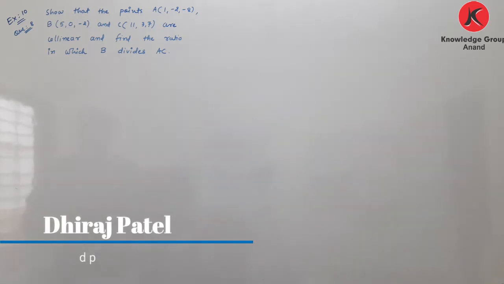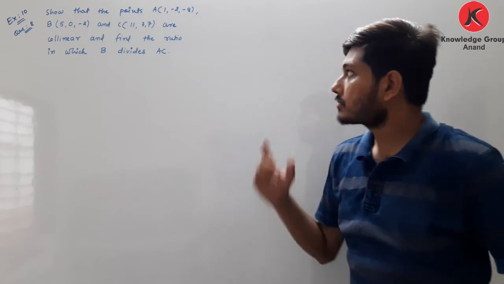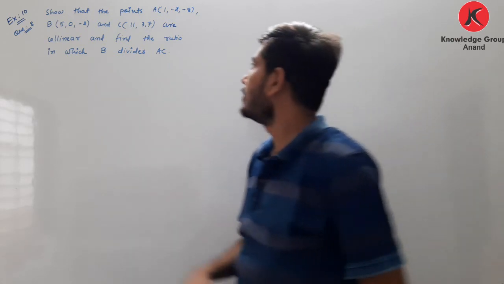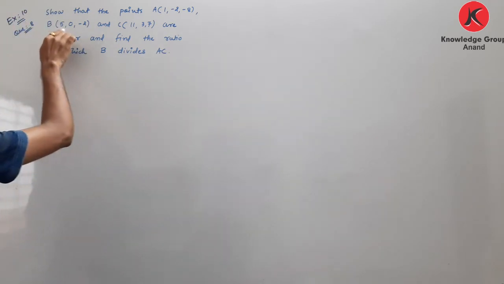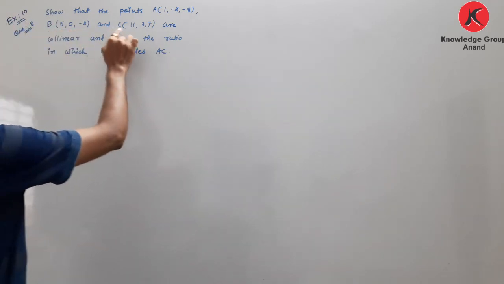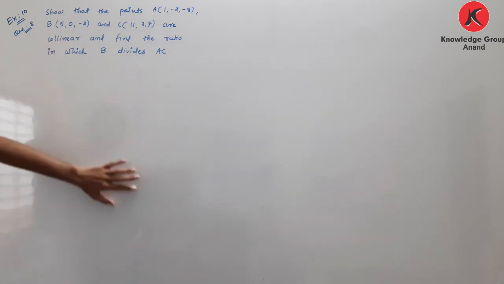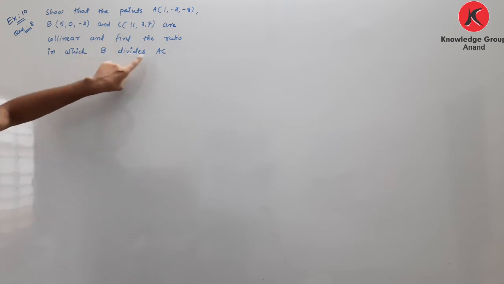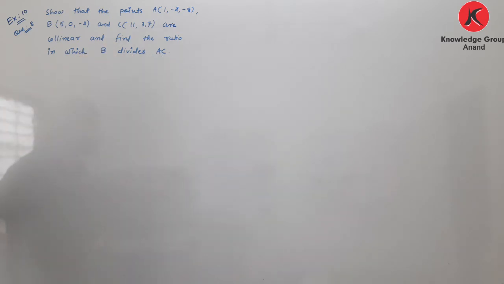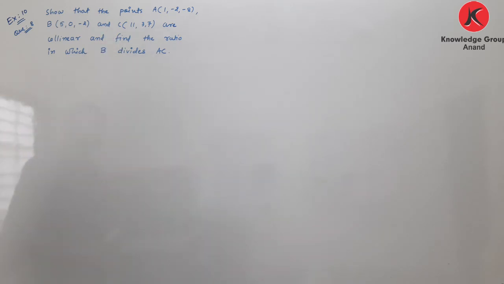Now see the next question, exercise 10, question number 8. Show that the points A (1, -2, -8), B (5, 0, -2) and C (11, 3, 7) are collinear and find the ratio in which point B divides the line segment AC. Okay, now we have to prove that these 3 points are collinear.